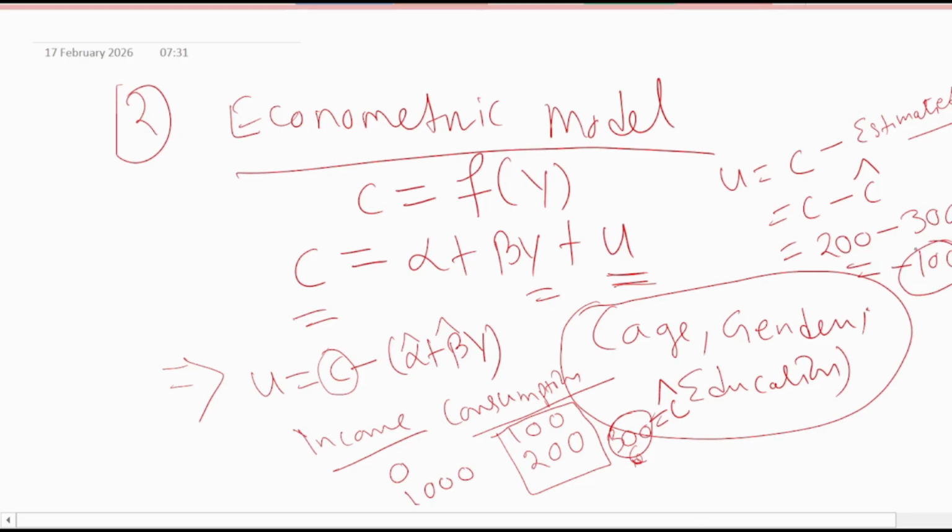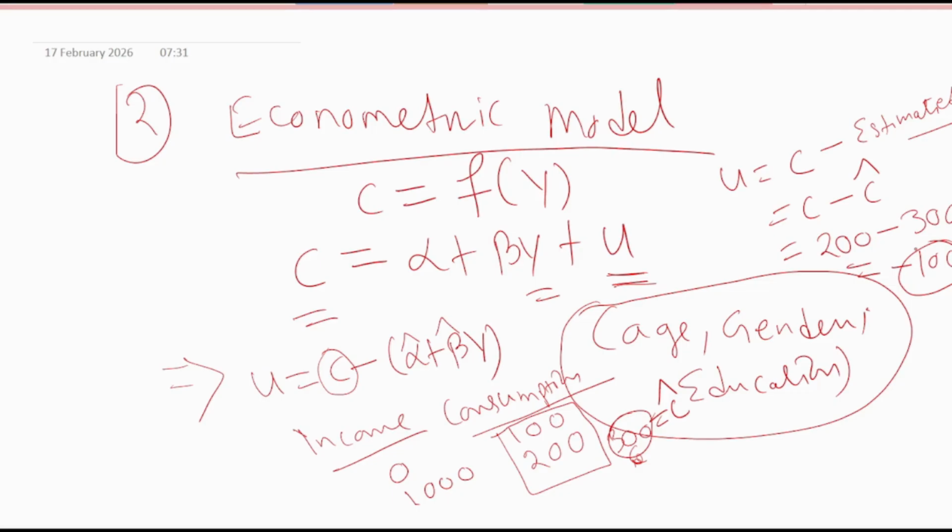That means you estimated the consumption will increase by more, but actually consumption increased by less, and the difference between the actual and estimated is called the error. This might be because of some other factors which may have impacted your actual consumption behavior.